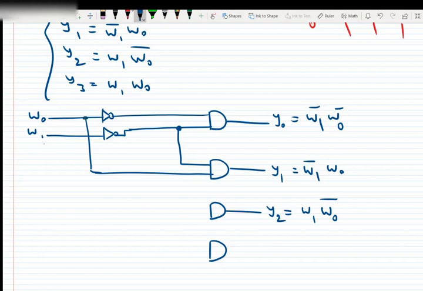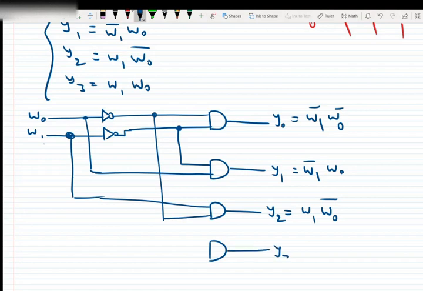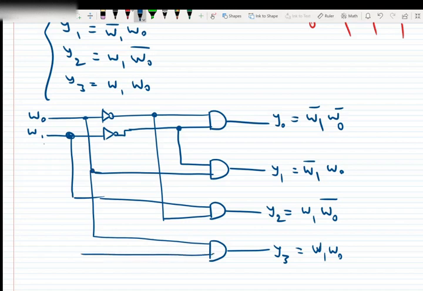So W1 and W0 bar, and Y3 is W1, W0, which we can get this data from here and here.